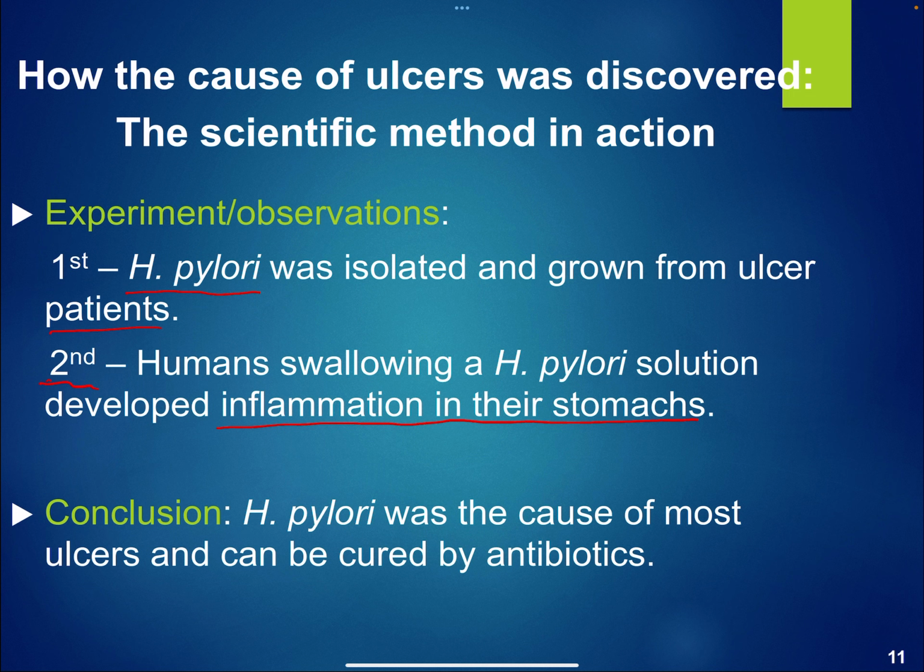But, you know, scientists can be very crazy sometimes. And then he reached the conclusion that Helicobacter pylori was the causative agent of stomach ulcer. And because of that, the stomach ulcer can be treated using antibiotics.